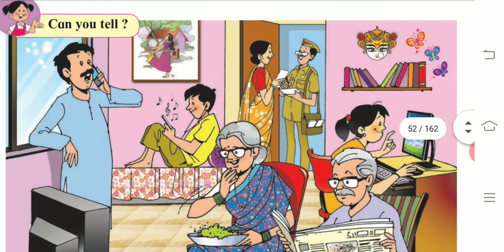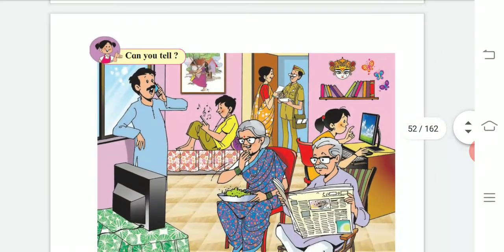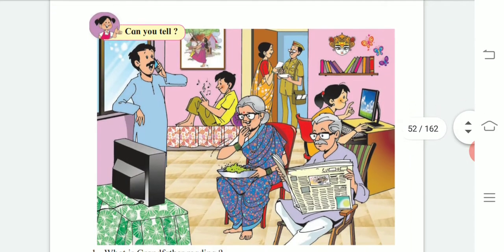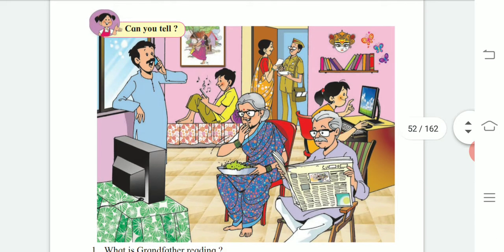Now, can you tell? Observe this picture. We can see a boy is listening to music. A lady is talking to the postman. A girl is working on a computer. Grandparents are busy.